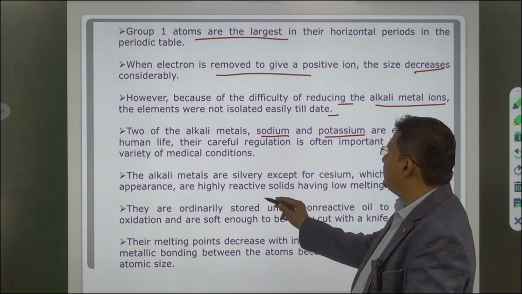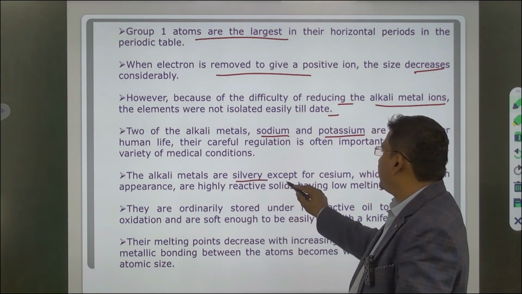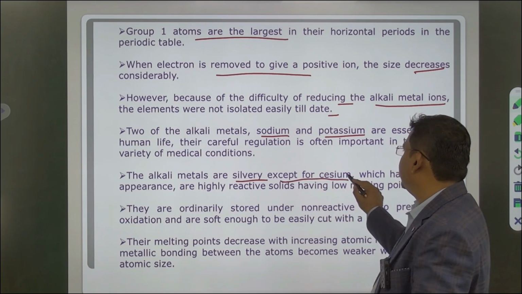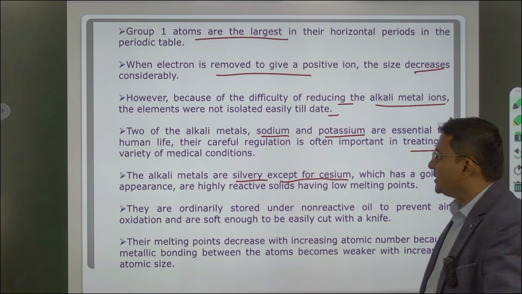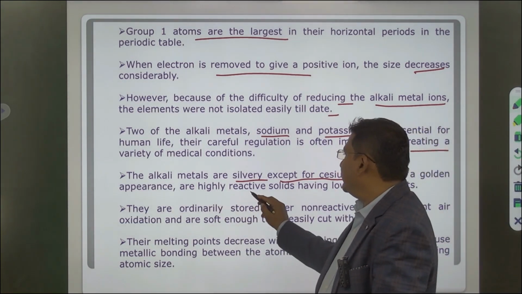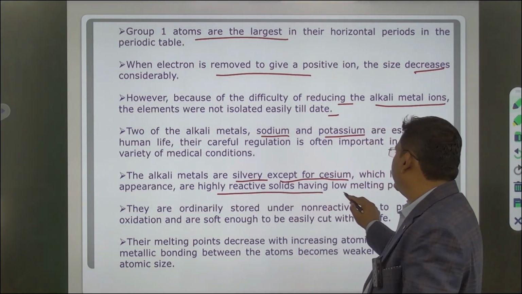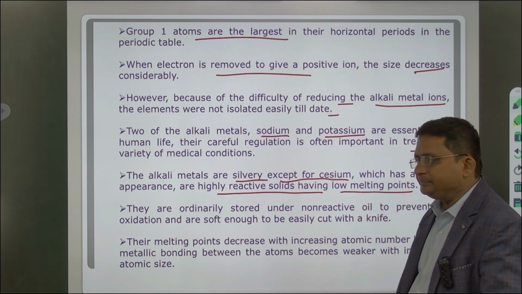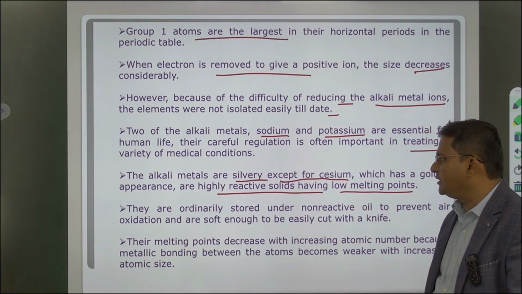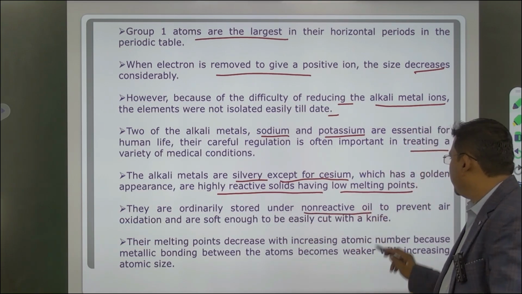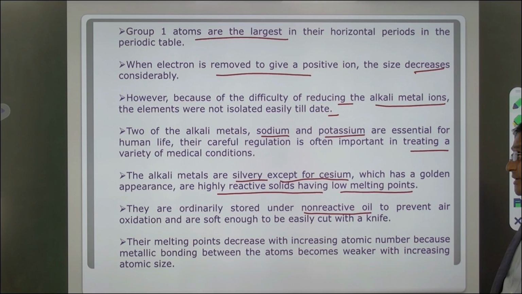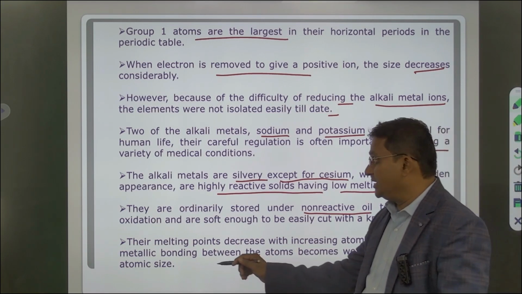Alkali metals are silvery except for cesium, which has a golden appearance. All are highly reactive solids having low melting points. They are ordinarily stored under non-reactive oils to prevent air oxidation.